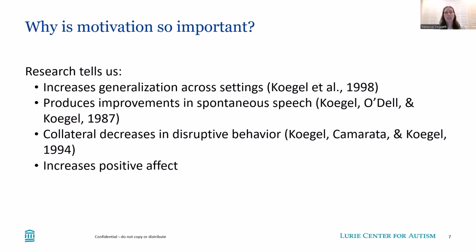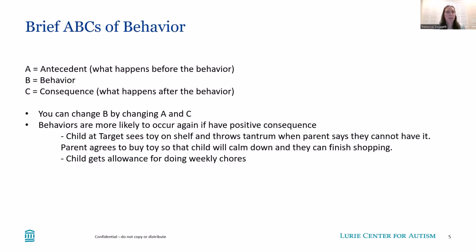We can also see improvements in spontaneous speech, as well as decreases in disruptive behavior and increases in positive affect. While those may not have been treatment goals in these research studies, they found that because of the motivational components, these gains were being seen as well, which is really important because these are all very positive aspects of an intervention program.